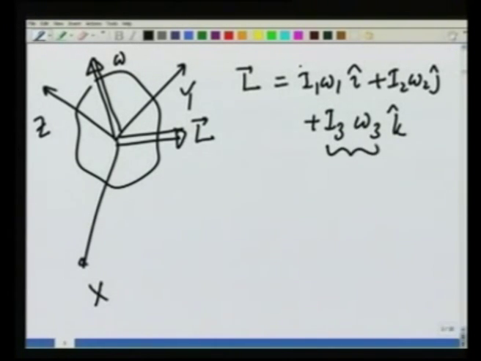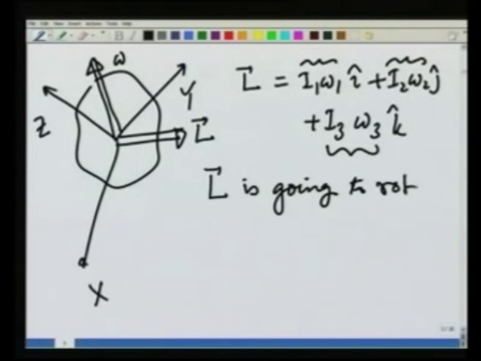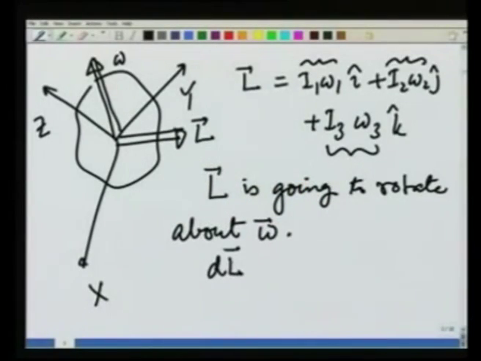All these numbers may remain unchanged, but L is going to rotate about omega, because the principal set of axes being attached to the body are rotating about omega, and the rate of change because of this rotation is going to be omega cross L. We will see a few examples of this kind later in the lecture.